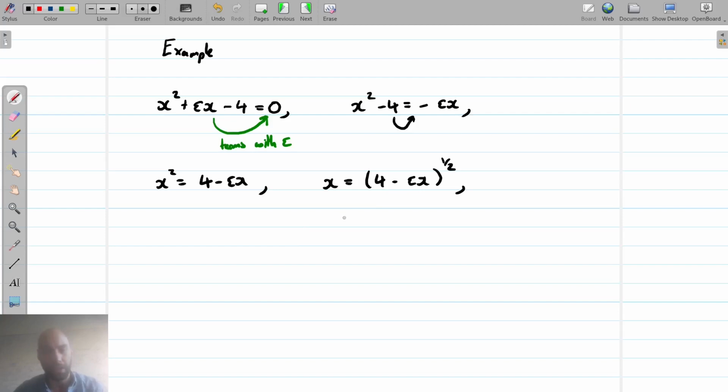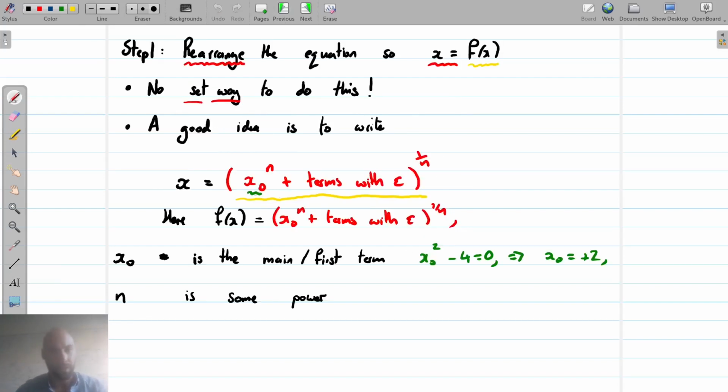If you actually look at this, we've got 2 squared minus epsilon x to the half. Now this is the same form as this, right? So remember, what's x naught in our case? x naught is 2.